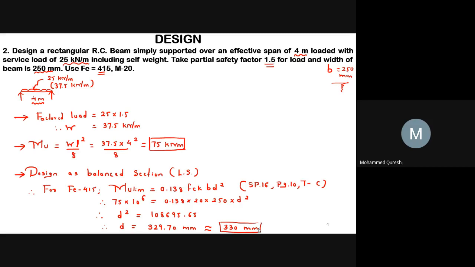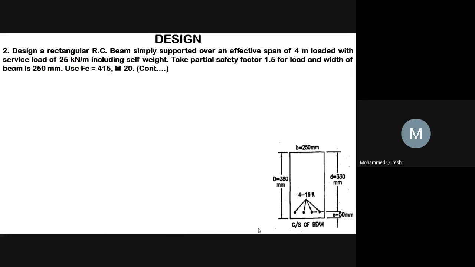Now, as the dimensions of the beam are calculated by us, that is B equals to 250 mm given in the data and D equals to 330 mm we had calculated over here. Now we will go for AST. So we have to find the value of AST.